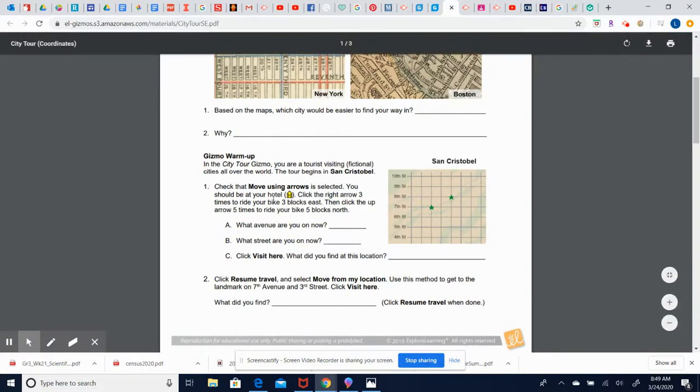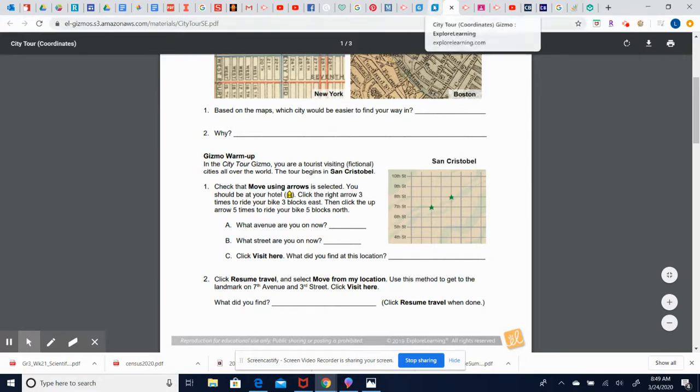It says you should be at your hotel. Click the right arrow 3 times to ride your bike 3 blocks east. Then click the up arrow 5 times to ride your bike 5 blocks north.